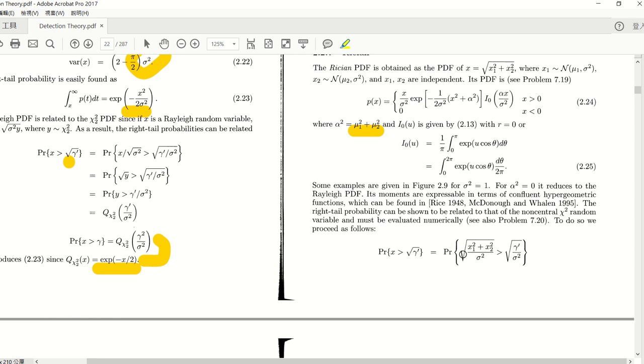Now you want to do some normalization, so you divide it by sigma squared. And then of course the right-hand side, gamma prime, has to be divided by sigma squared inside the square root.